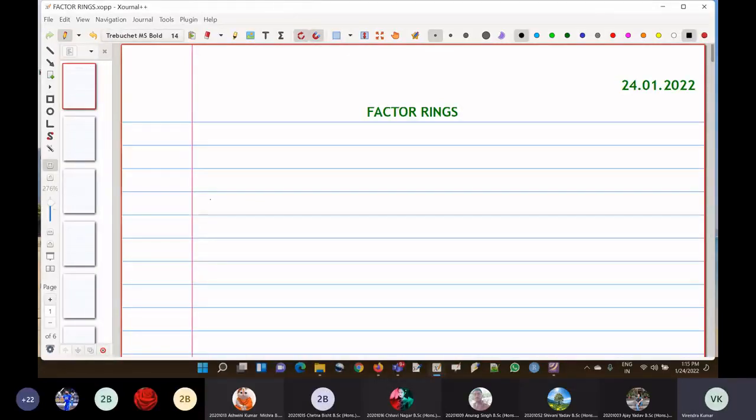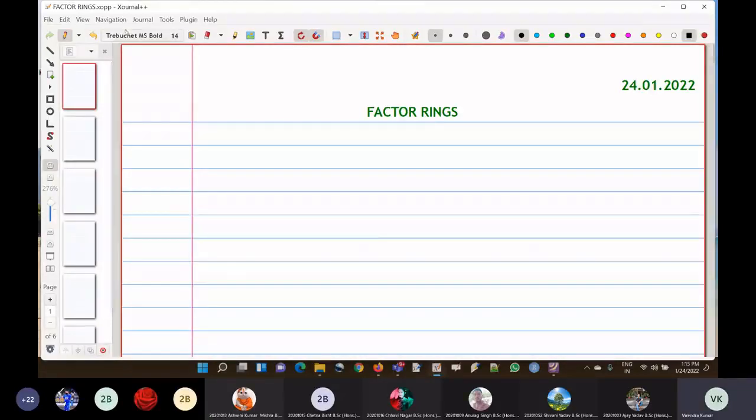But still, let us have some examples so that we can get some information and move forward. I was talking about maximal ideal or prime ideal in the last lecture, I don't know. Anyway, let us have some examples on both.